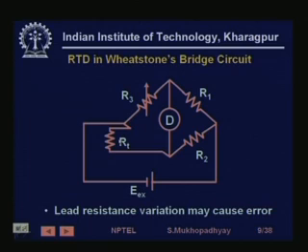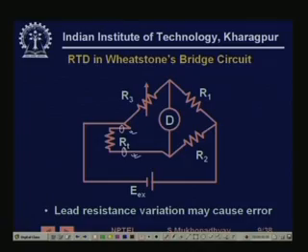Now note that although this resistance is drawn in a slightly different way, this is just to emphasize that the bridge will possibly be somewhere in the control room. From the control room, two long pieces of wire go to the field and connect the RTD.